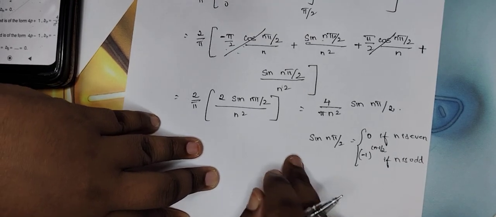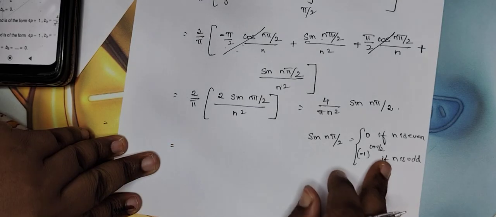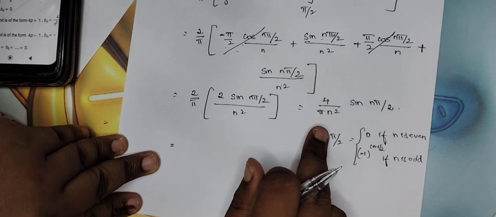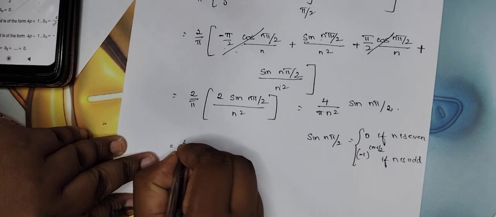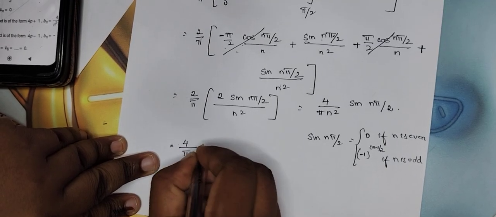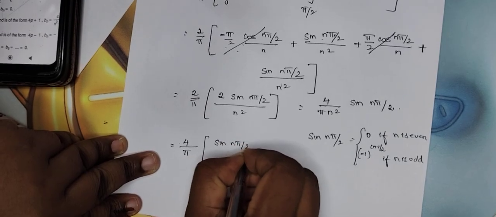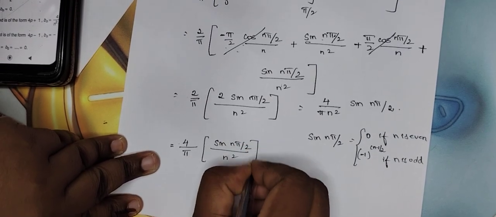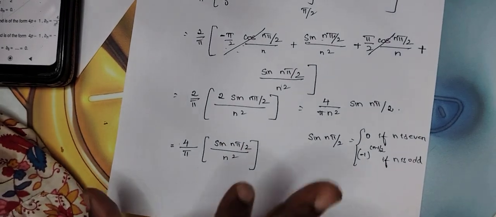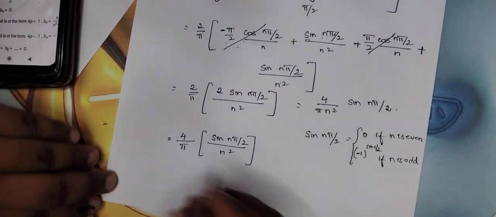Okay, so this is the formula of sin(nπ/2). As I can see here, I'll take 4/π commonly outside, so it is sin(nπ/2) divided by n². Okay, now just leave it as it is. So this is my bn value.